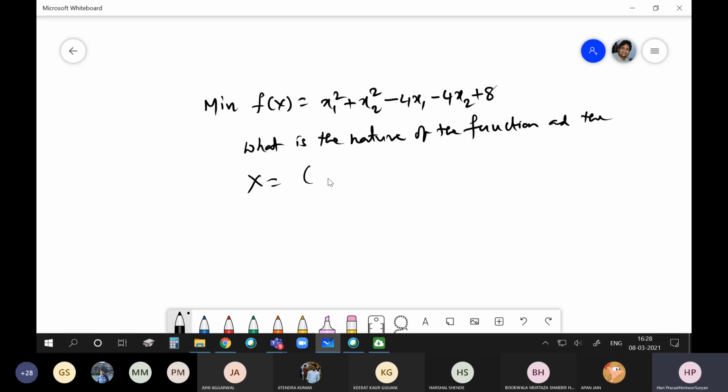Decision variables. x1 and x2. Okay, find out at what point you will have the minima or maxima and what is the nature of this.